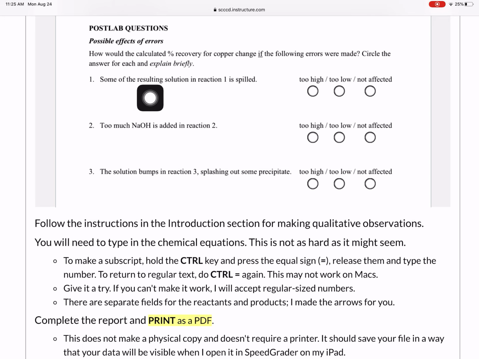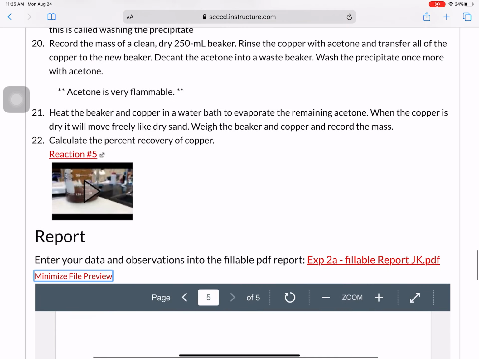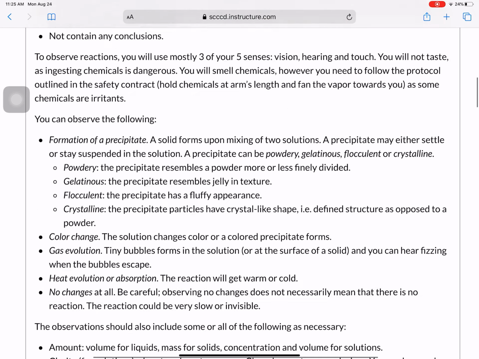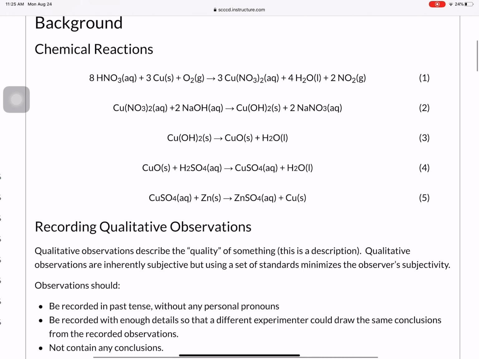So if some of the resulting solution in reaction 1 got spilled, what would that do to my percent recovery? Would that cause my mass that I get at the end to be higher, lower, or not affected? So to answer that, you're going to need to go back up and look at those chemical reactions. So here's the first chemical reaction, and it's saying the solution is spilled.